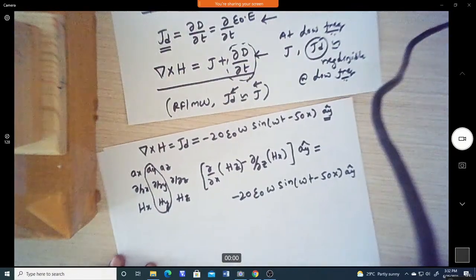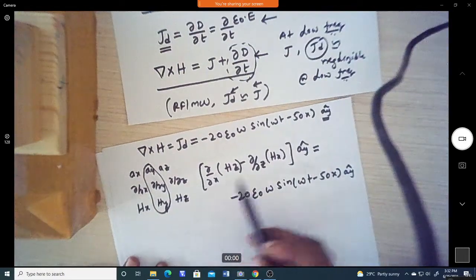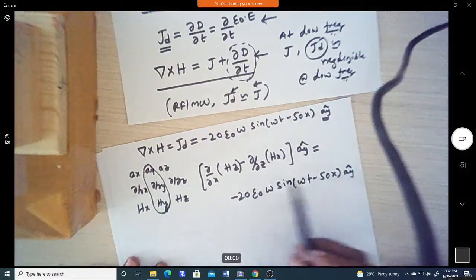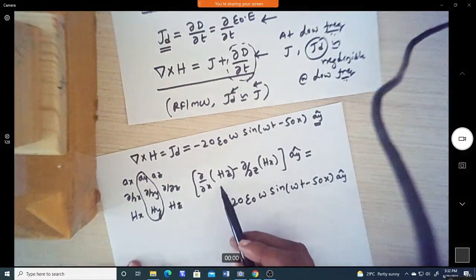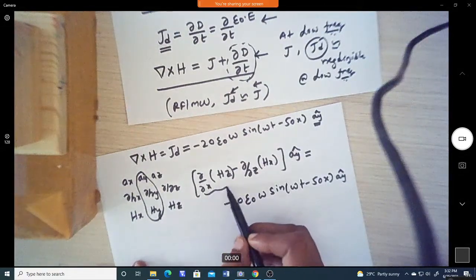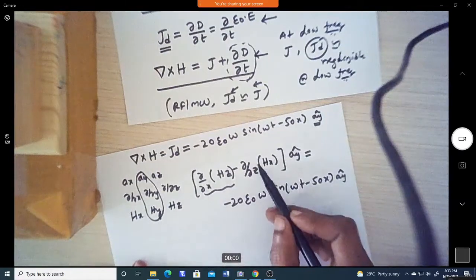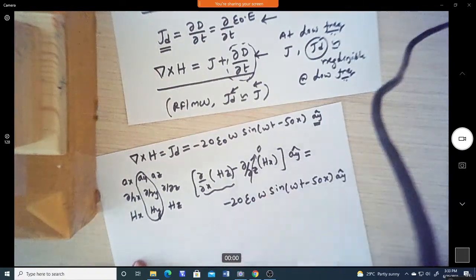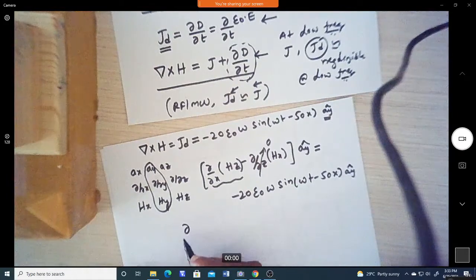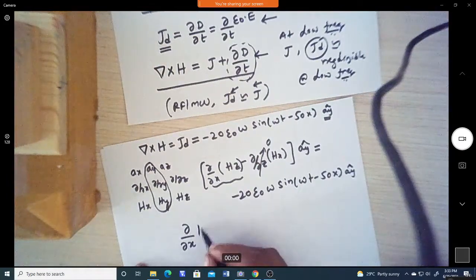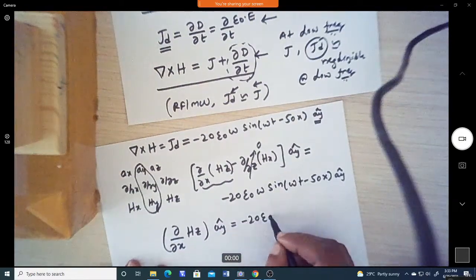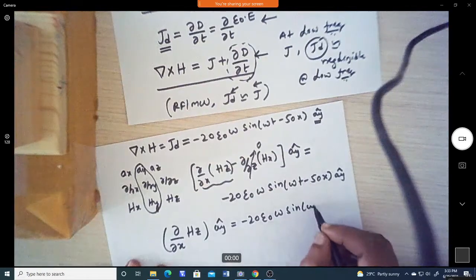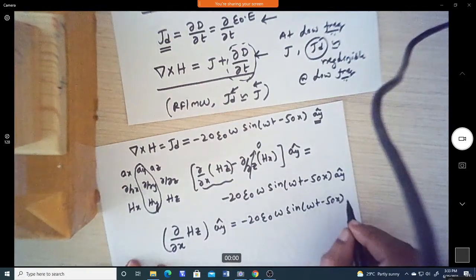Now you can see here, since there is a variation with respect to only x, whatever we got, even E, is only with respect to x, so this component only will exist. There is no variation with respect to z, so this will go to 0. So that's why we are going to get del by del x of Hz in the direction of AY, which is equal to minus 20 epsilon naught omega sin of omega t minus 50x in the direction of AY.